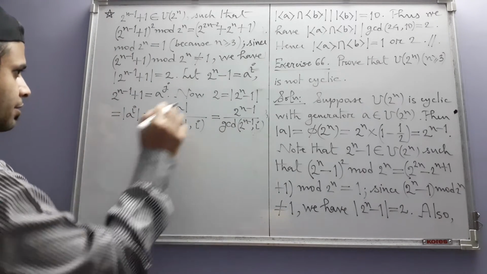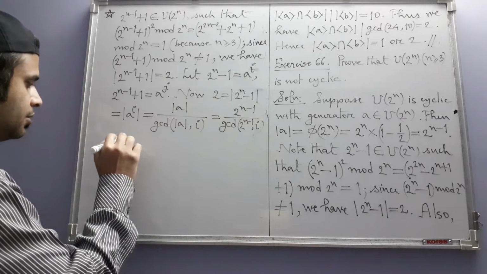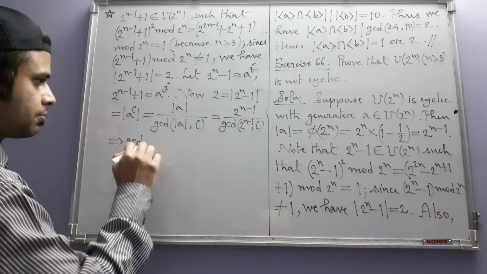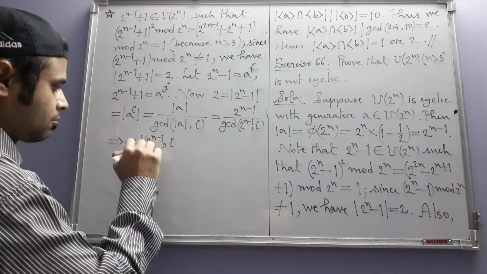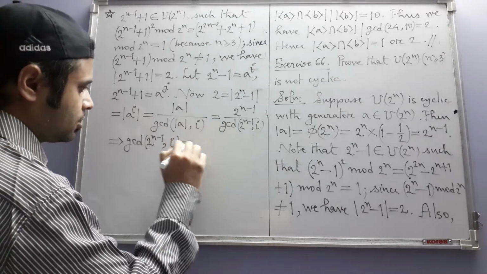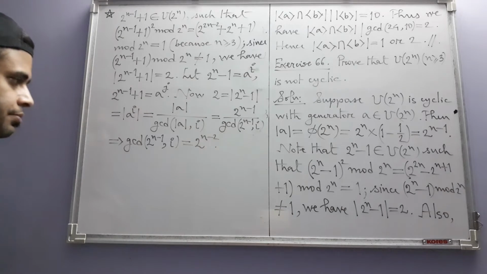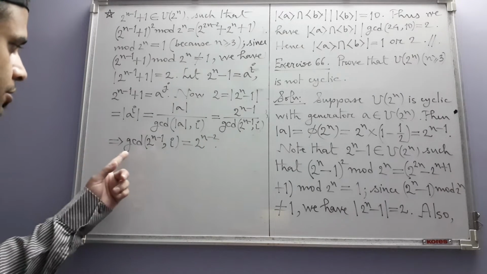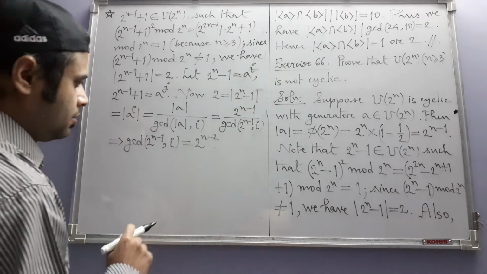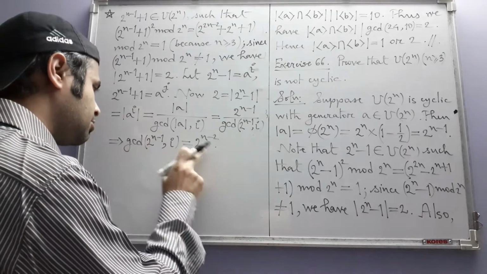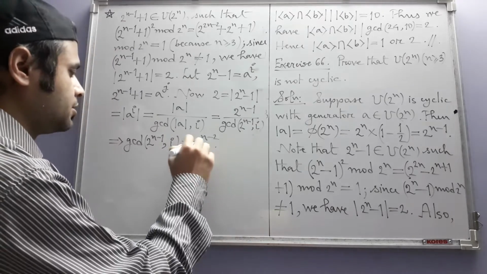So what do we get from this equation? This implies GCD of this is equal to this divided by 2, 2 to the power n minus 2. So the greatest common divisor of these two things is equal to this. So the greatest common divisor should divide i, because after all it's a common divisor.